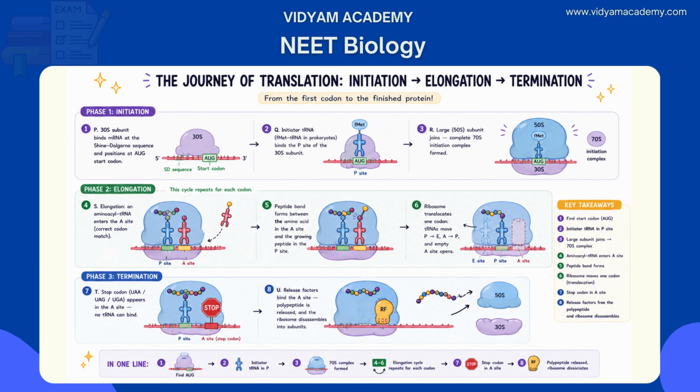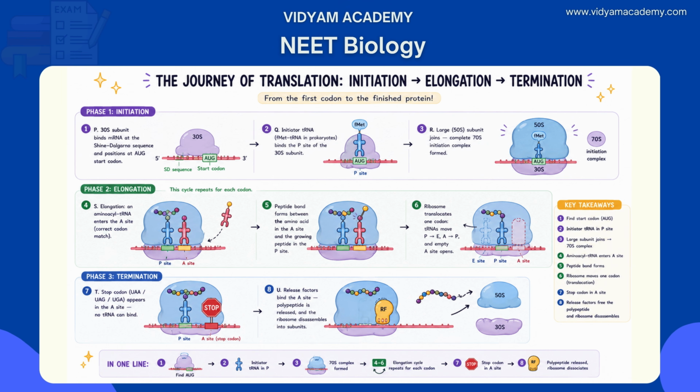R is next. The large 50S subunit joins the 30S-mRNA-fMet complex after IF3 and IF2 dissociate, forming the complete 70S initiation complex with the initiator tRNA in the P site and an empty A site ready for the second codon.